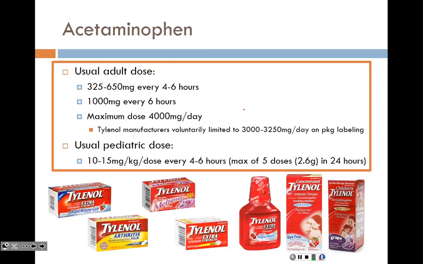All right. So now we're going to get into acetaminophen. Again, know the box doses. One very important thing about acetaminophen is the max dose. It's also a gray area.